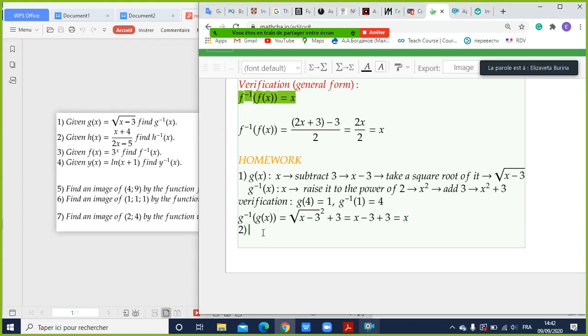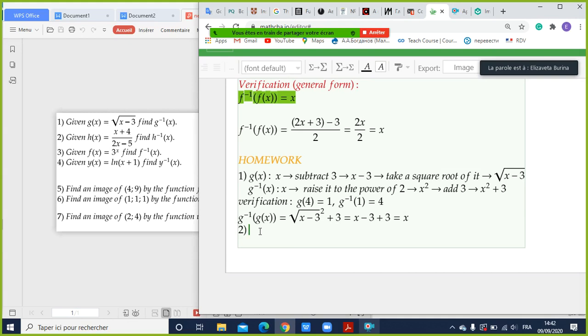The second one, as I started saying, is hard because it's hard to think of what is the last operation that the function does, because we have x both in numerator and in denominator. So let's go with this example.